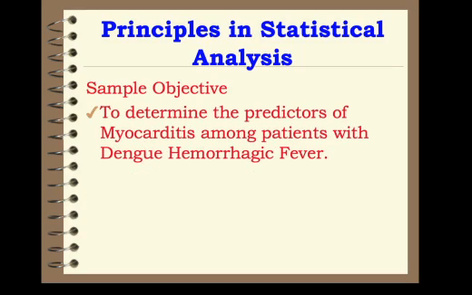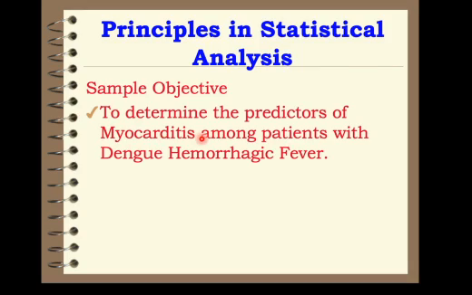Now, let's give another example: to determine the predictors of myocarditis among patients with dengue hemorrhagic fever. Now, the difference of this objective from the previous objective that we gave you is that in this particular objective, we have already many independent variables, predictors. These are the independent variables, and we can have many predictors of myocarditis being the dependent variable.